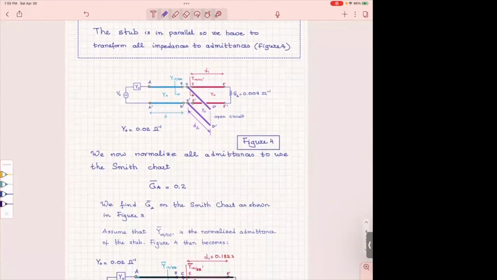Now, we have also been told that the whole distance between A prime, which is this one, and FF prime has to be one wavelength. Since we know D1, then we can find D, all right?